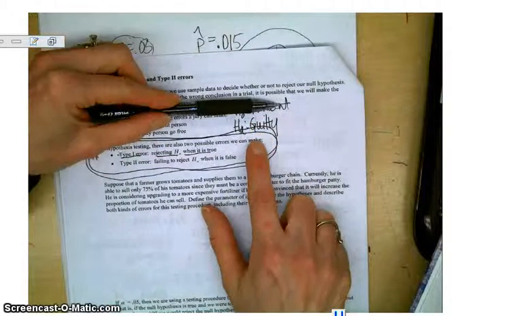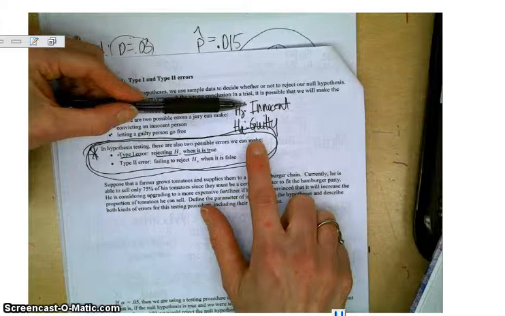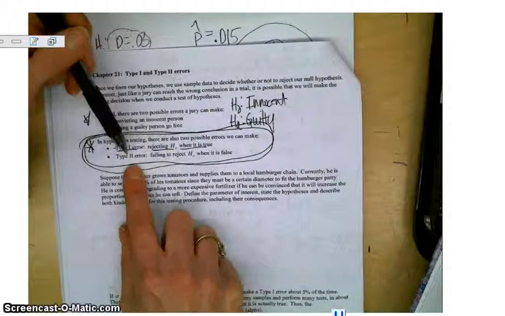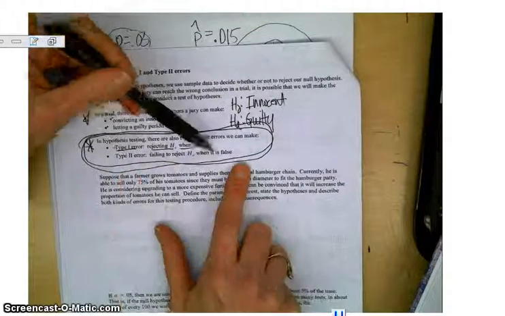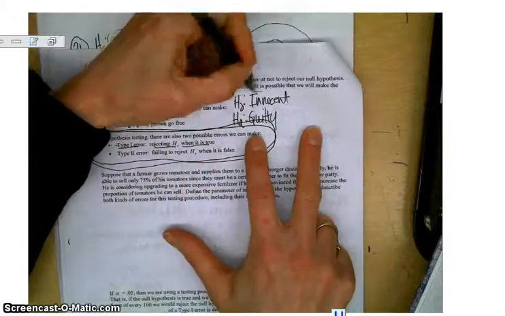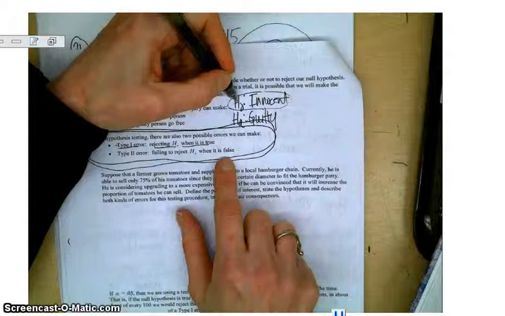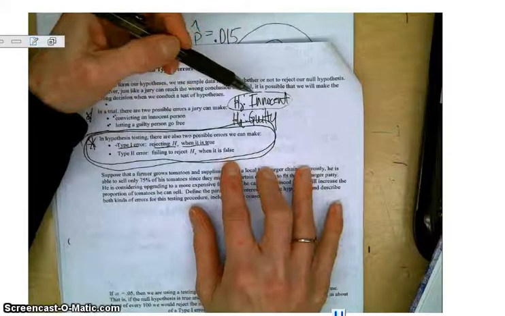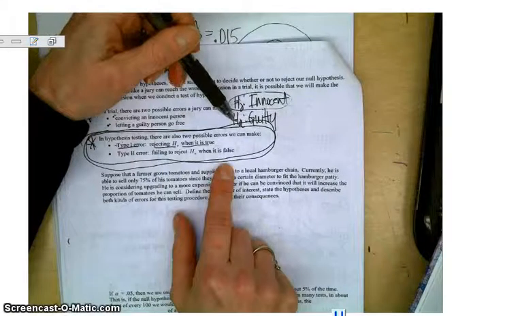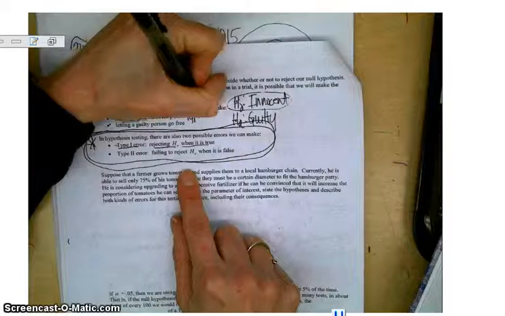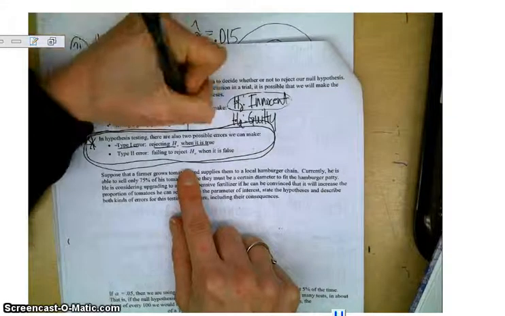I decide they're guilty, but really they were innocent. A type 2 error, I remember because it's got fail twice: fail, false. It's got fail and false, two failing, false negatives. So it's type 2 error. Fail to reject the null. In other words, I decide they're innocent, but really it's false. Really they're guilty. So a type 2 error would be deciding that they're innocent, but really they're guilty. So in other words, convicting an innocent person is a type 1 error, and letting a guilty person go free is a type 2 error.